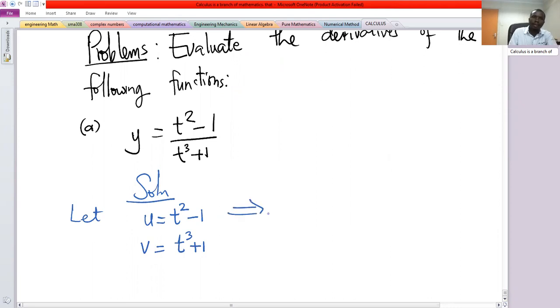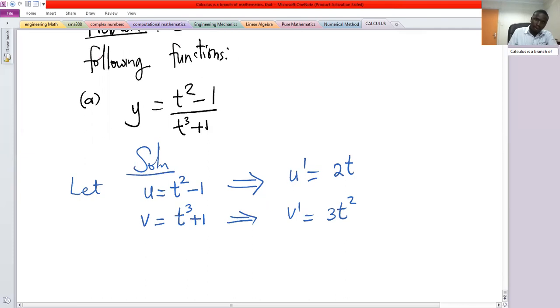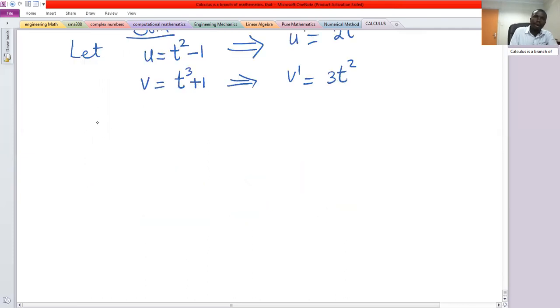This means that u prime is 2t, v prime is 3t squared. So by quotient rule, dy dx is u prime v minus v prime u over v squared.